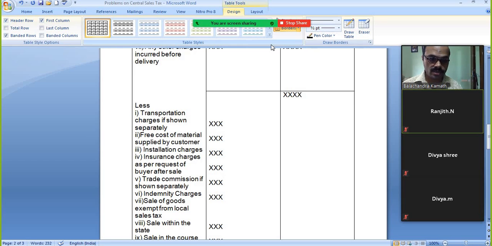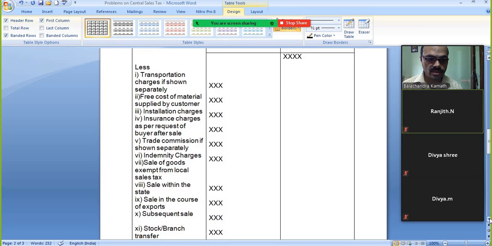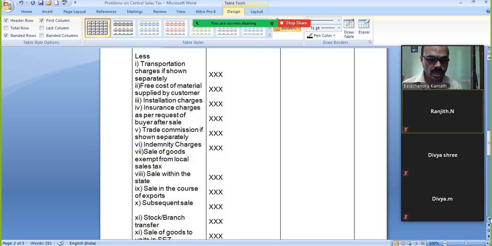Then indemnity charges. Indemnity means if any loss is there, those charges will have to be deducted. Then sale of goods which are exempt from local sales tax needs to be deducted. Then sales within the state, that is intra-state, sales in the course of exports, and then subsequent sale.